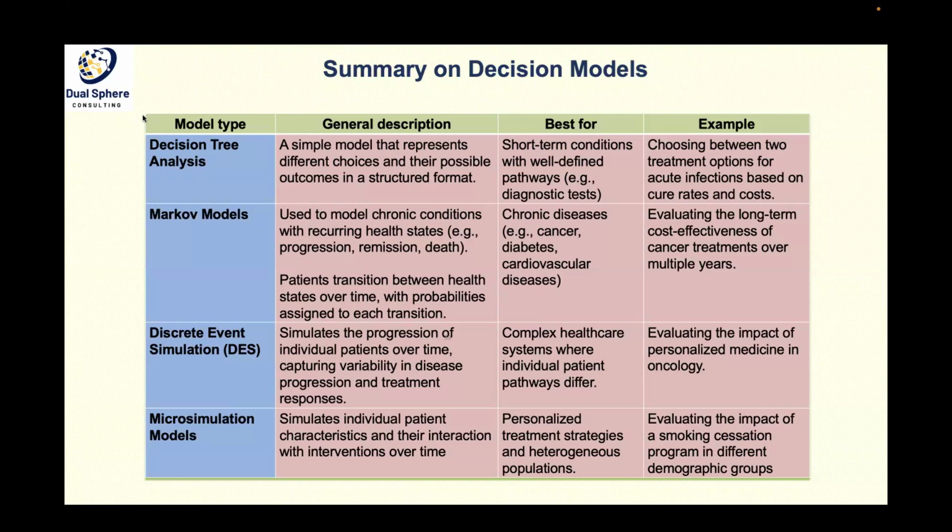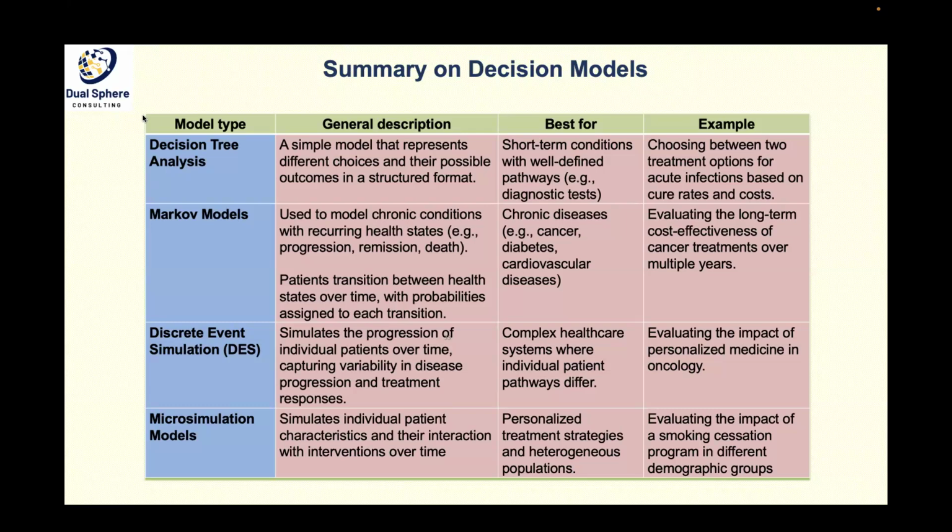My example for micro simulation is if you want to see the impact of a smoking cessation program in different demographic groups, in people with different demographics. So DES and micro simulations are more individual based.